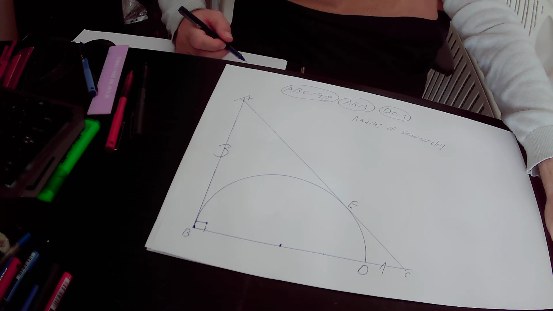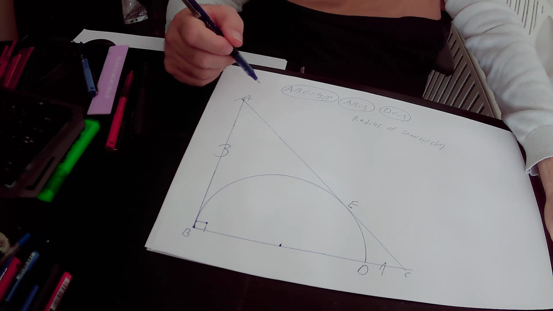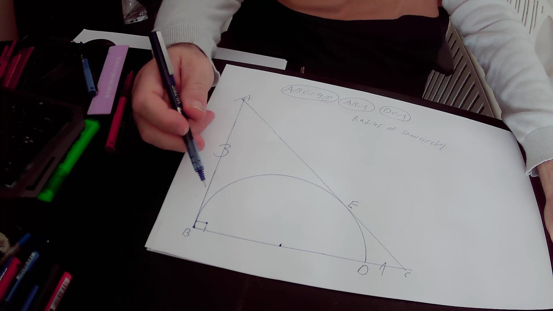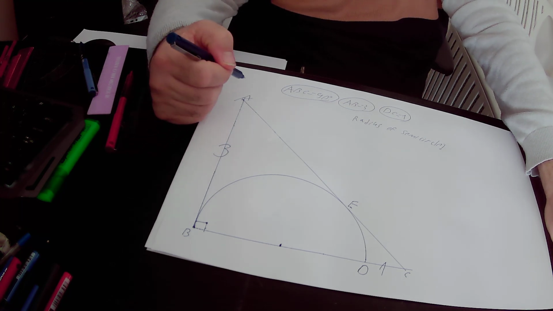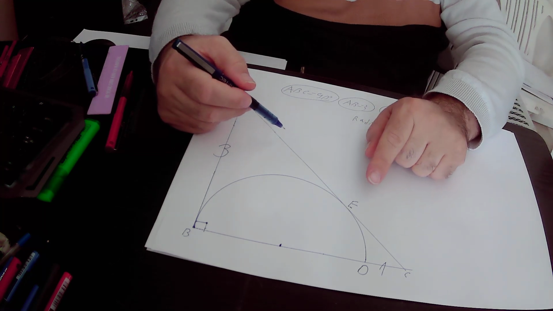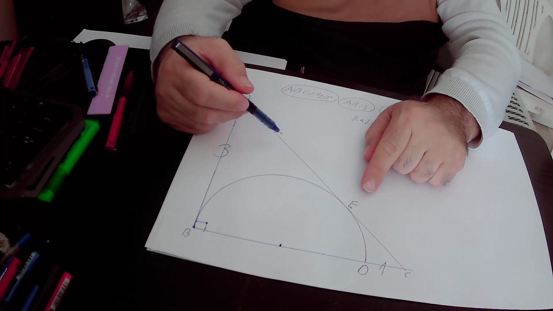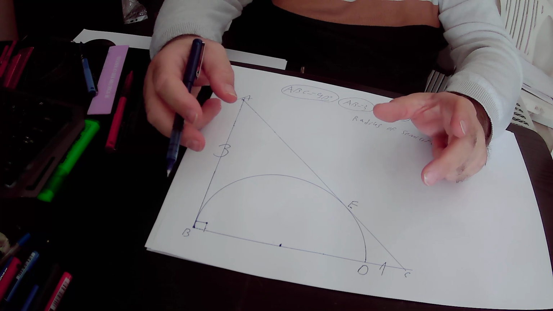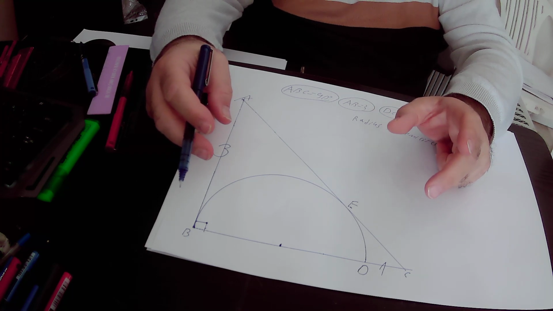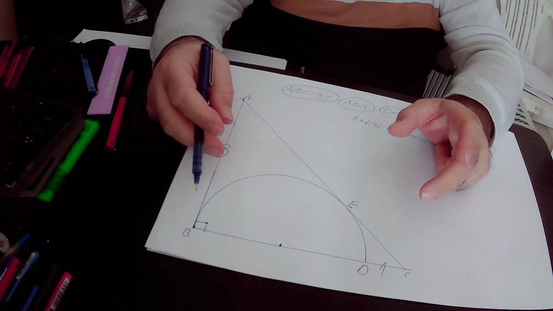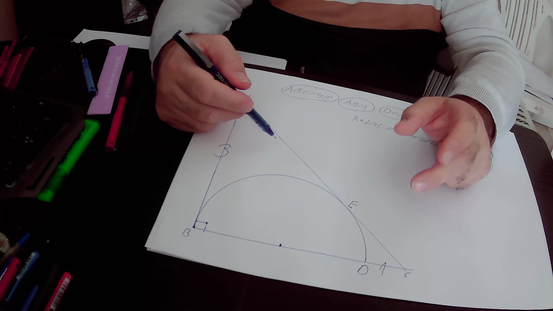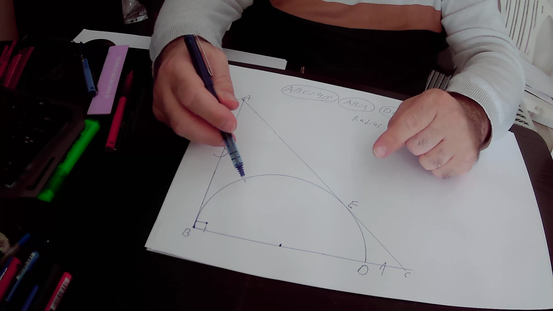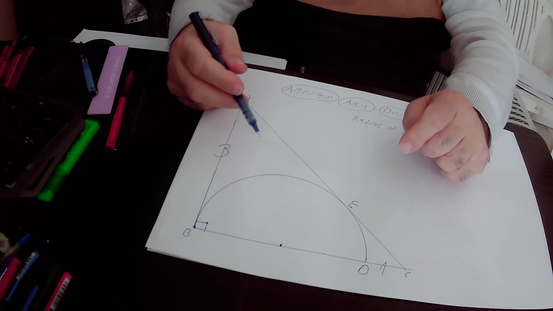And we also know that side AB of triangle ABC is tangent to the semicircle at point B, and side, line segment AE, is tangent to the semicircle at point E, and inside the triangle we have a semicircle. The semicircle is inscribed in the triangle, and we want to find out the radius of this semicircle.